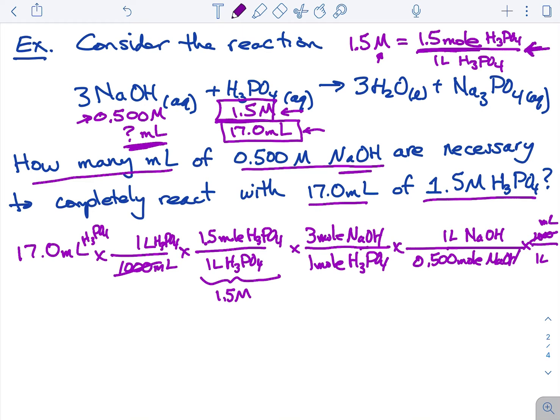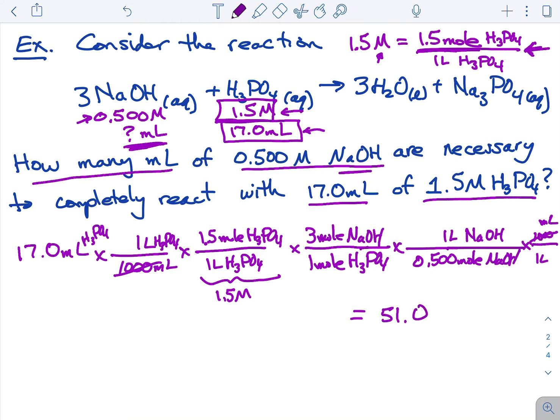So now we grab our calculator: 17 times 1.5 times 3, divided by 0.5. That's the only thing in the denominator. And that comes out to be 51.0.